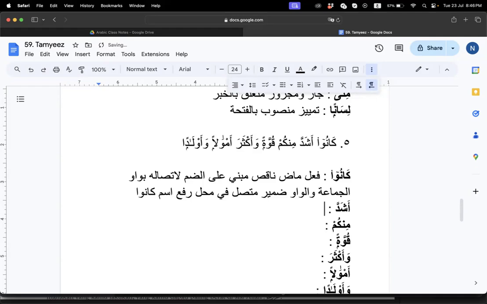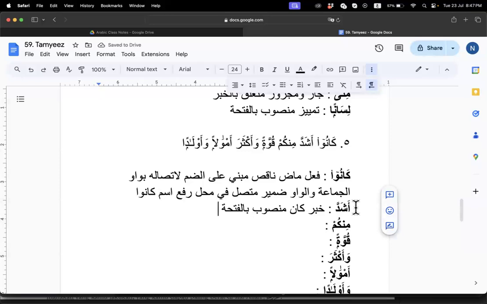Ashadda. This one is what? You already have your kana, ism kana. This must be khabar kana. Khabar kana must be what status? Does it match? Mansub bil fathah. Yes. What kind of word do we have here?